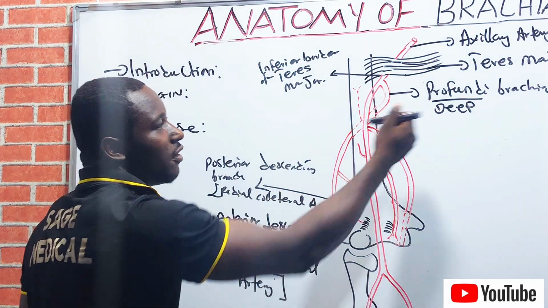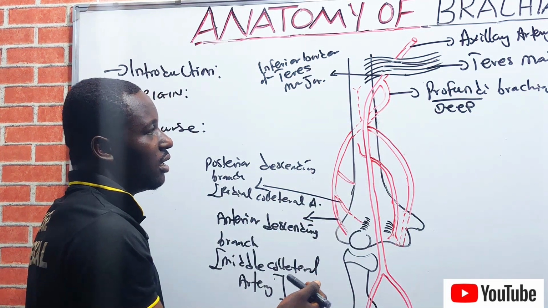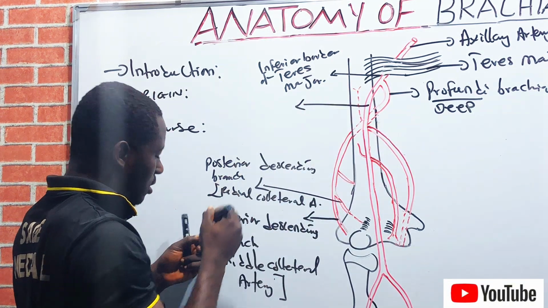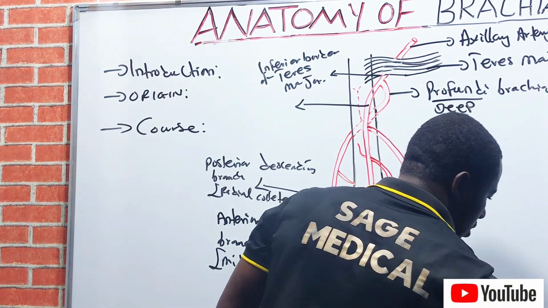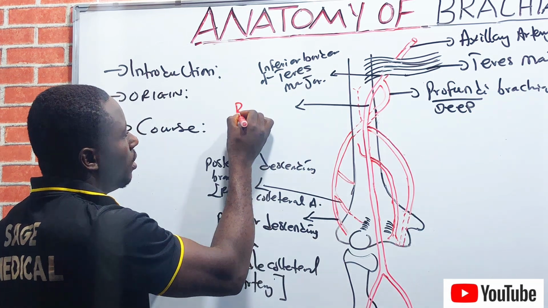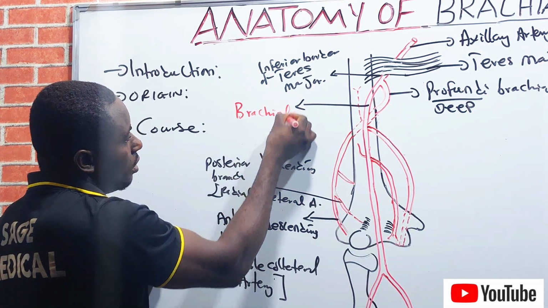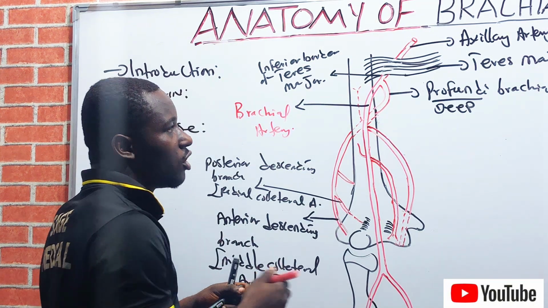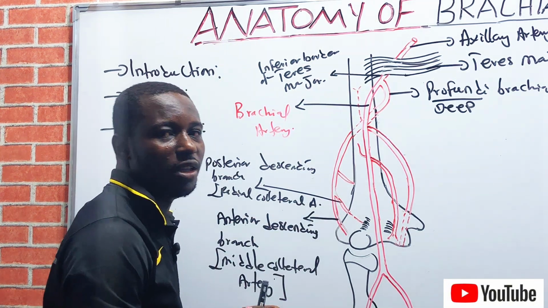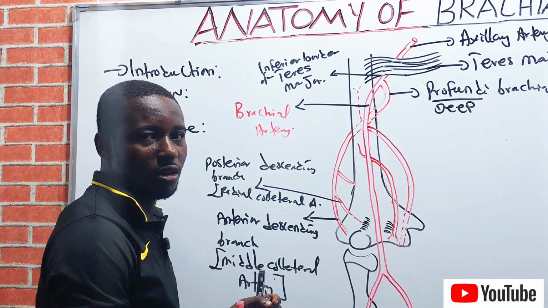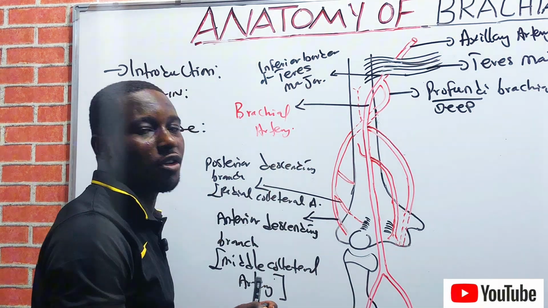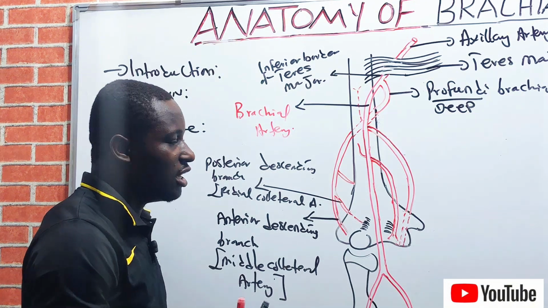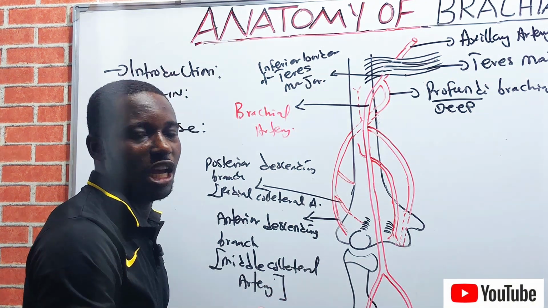Now, once it gives off the profunda brachial artery, the brachial artery itself crosses downward medially in front of the arm to reach the cubital fossa, that is in front of the cubital fossa or the elbow joint.